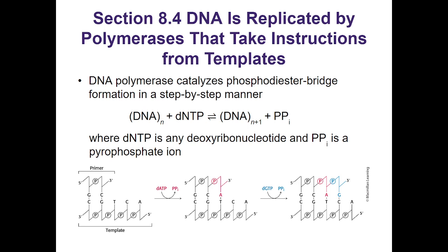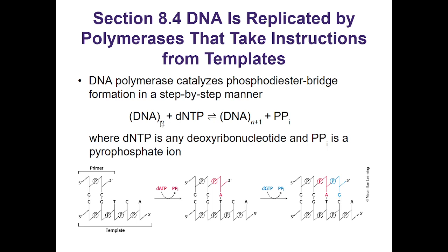So your DNA replication by polymerases, that's going to take instructions from your templates. So your DNA polymerases are going to catalyze the phosphodiester bridge that's in formation in a step-by-step manner. This is the overall reaction that you would see for the DNA synthesis. So we have DNA that is N long, right?